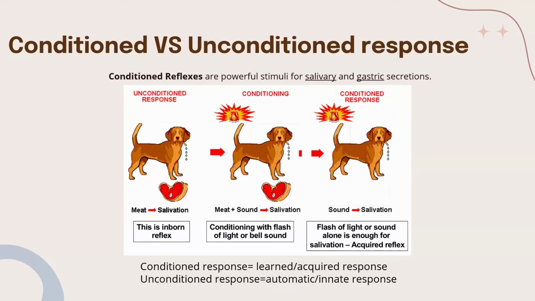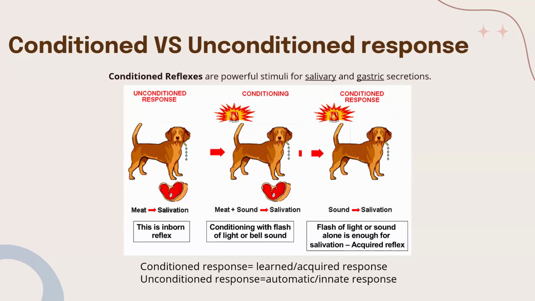So basically, the scientist gave this stimulus to the dog, whether it was the sound of a bell or a flashlight, and then presented the dog with the food. Time after time, the dog started to associate this sound and this stimulus with food.